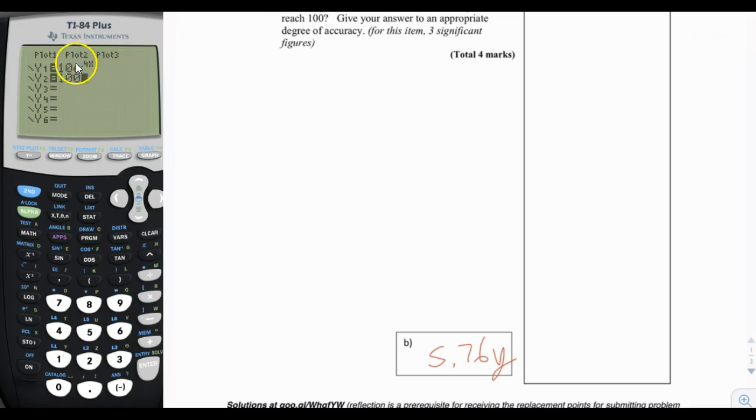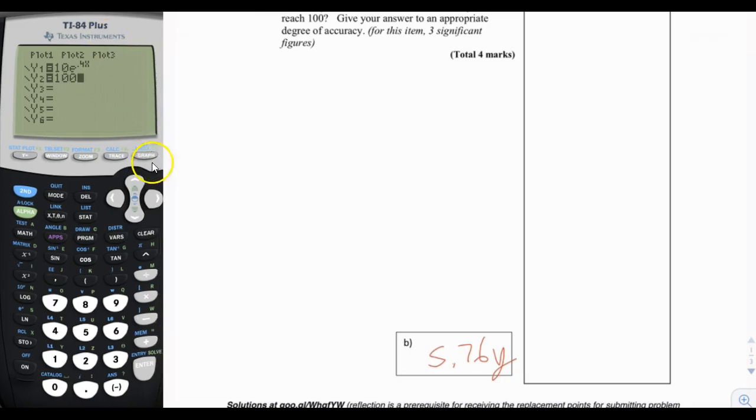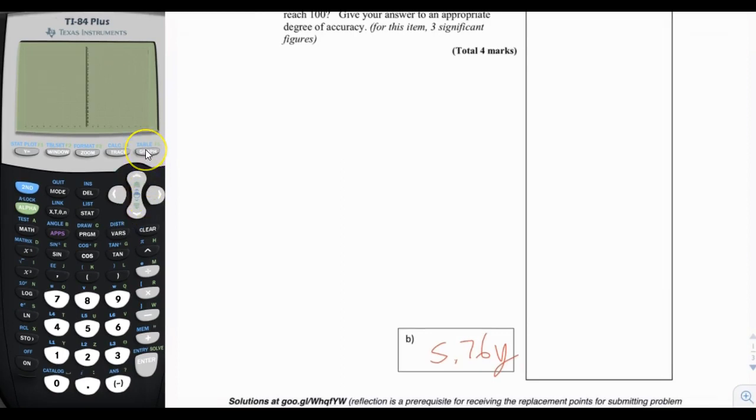The moment that this first function crosses the function y equals 100 is the moment that the population of 100 leopards is reached. Let's graph it. By graphing it, we can see both. I'm having trouble here. Oh, there we go.